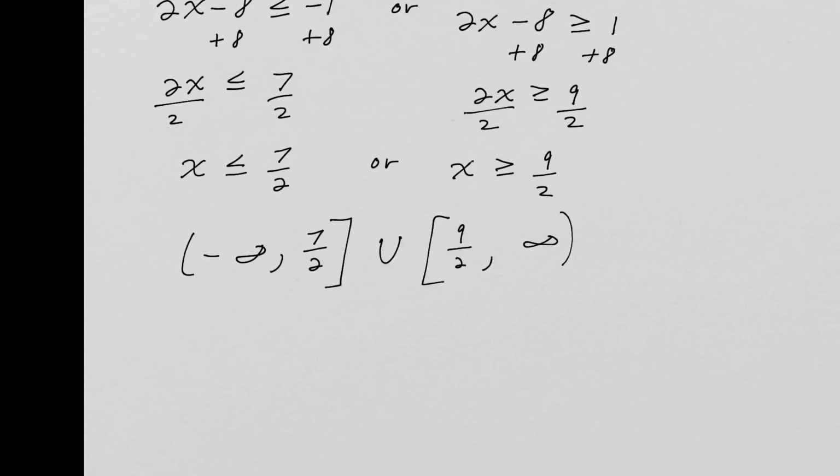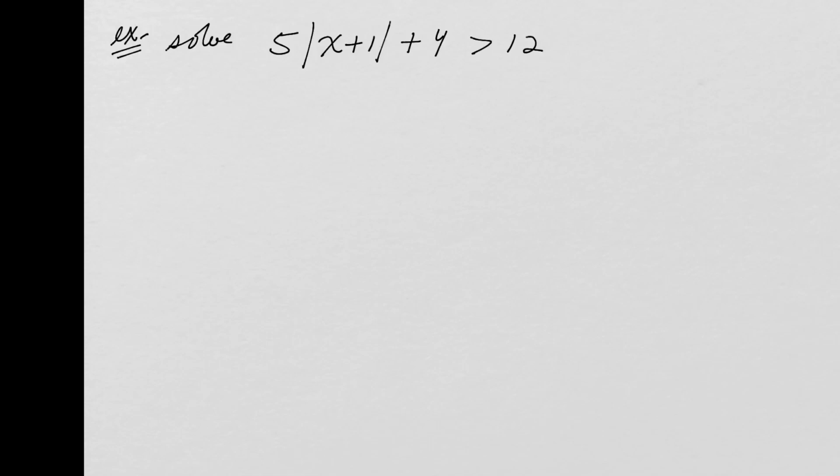Okay, here, let's do one more. So let's say I want to solve 5 times absolute value of x plus 1 plus 4 is greater than 12. Well, first thing, I need to isolate the absolute value term.